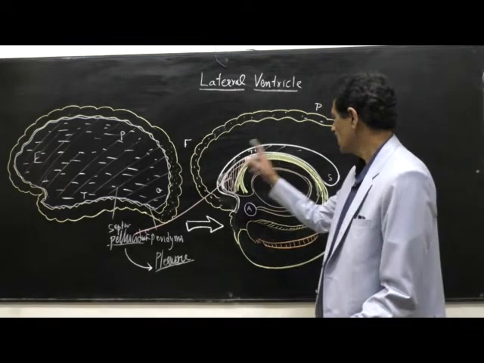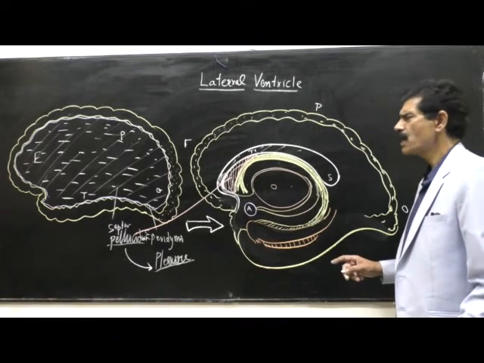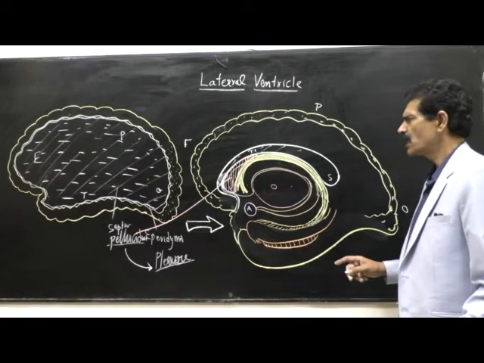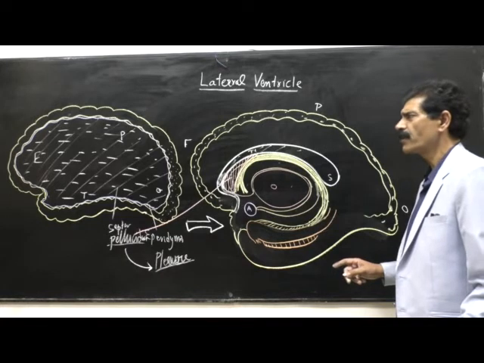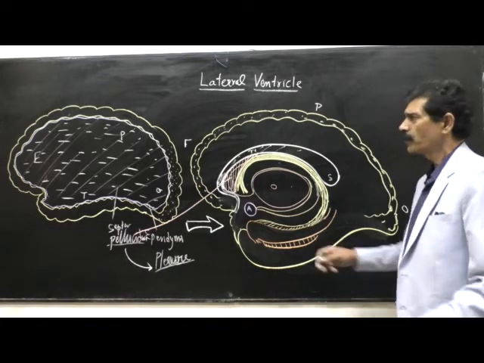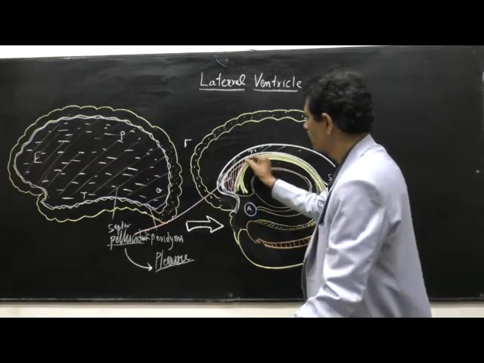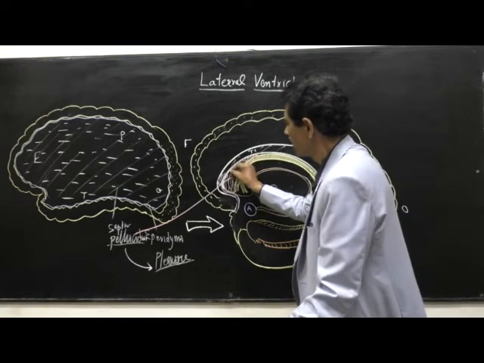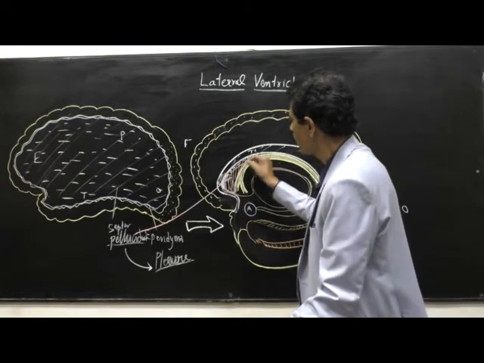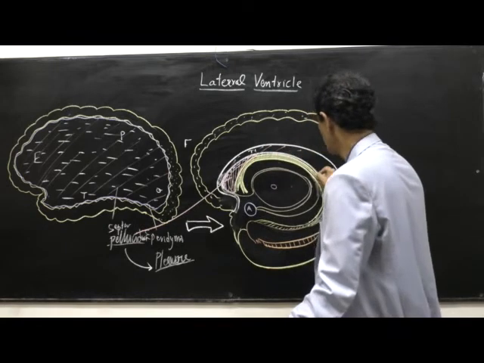So this is the effect of the development, which has shrunk the size of the lateral ventricle. The lateral ventricle, which was very large, becomes horseshoe shaped.